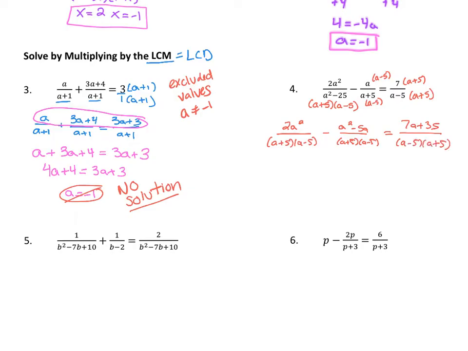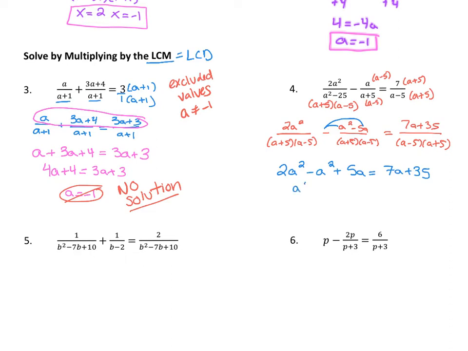Well, now that my denominator is all the same, I can focus on just solving my numerator. So I'm going to have 2a squared. Be careful here. I'm subtracting both of these terms. So it's going to be minus a squared plus 5a equals 7a plus 35.